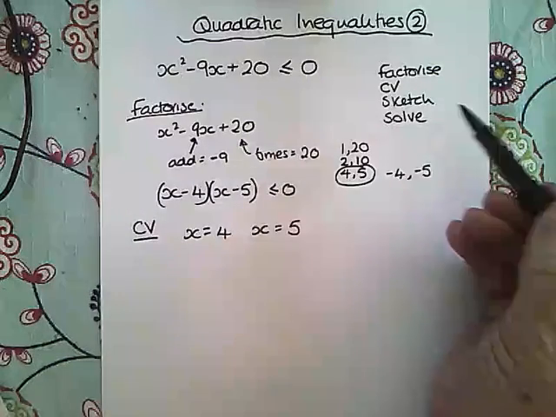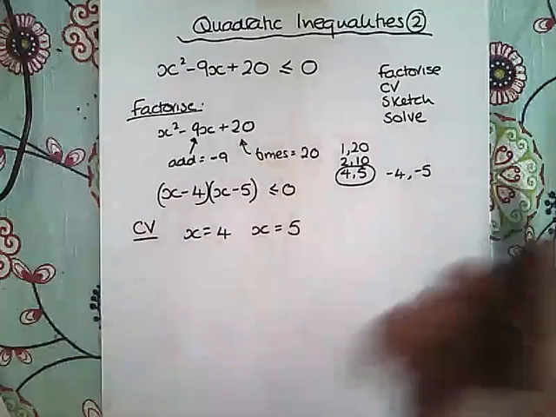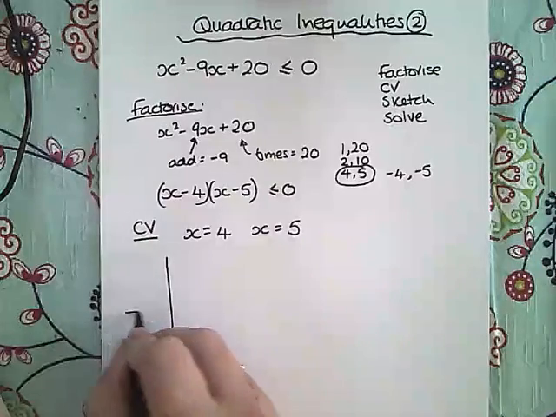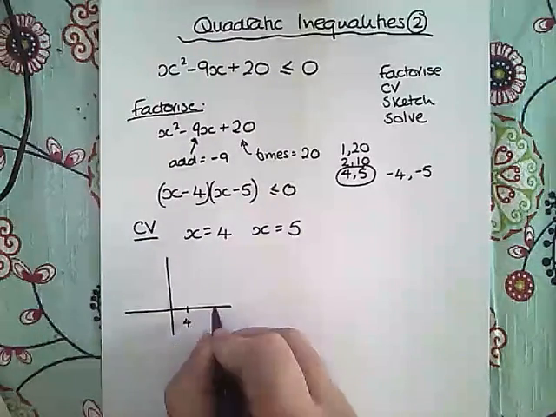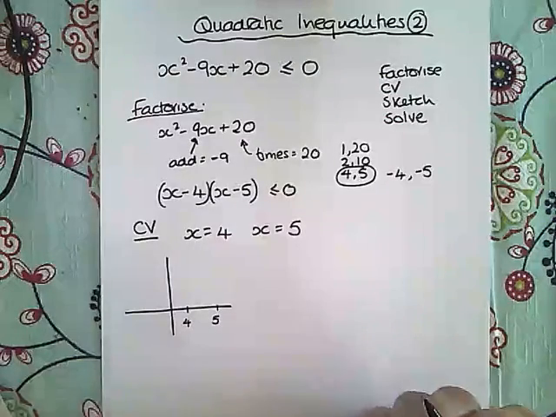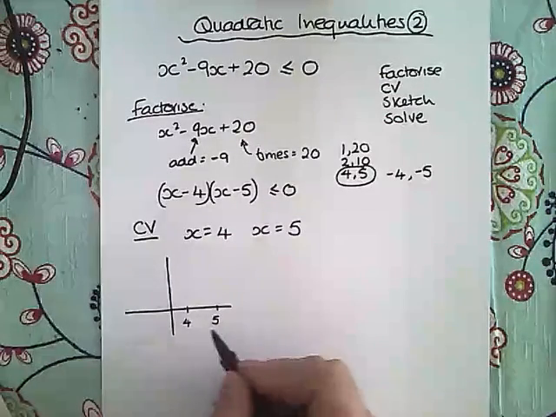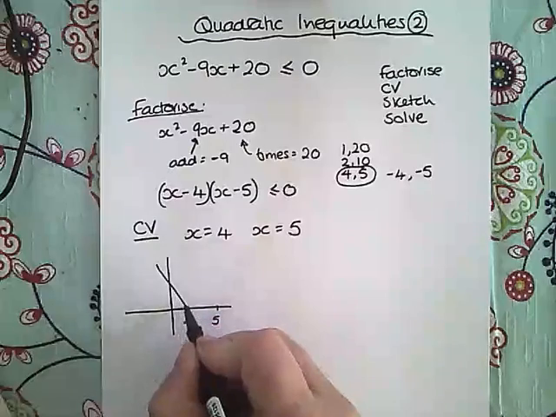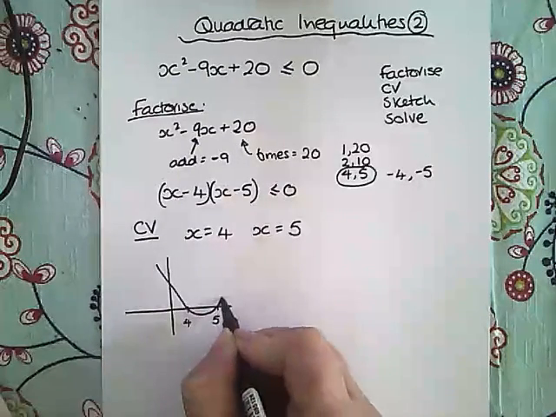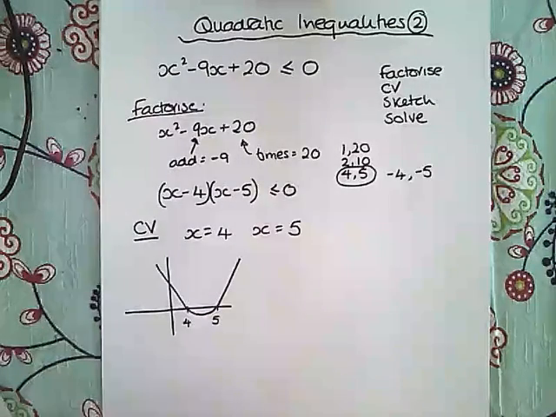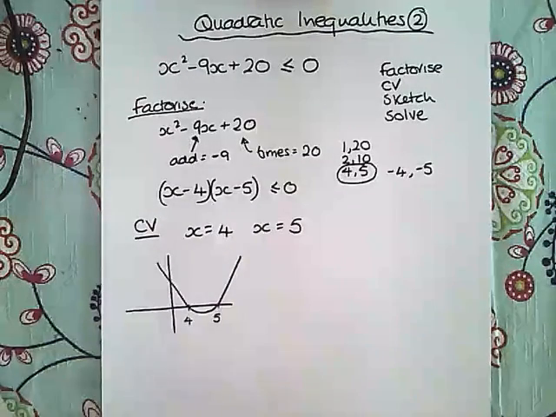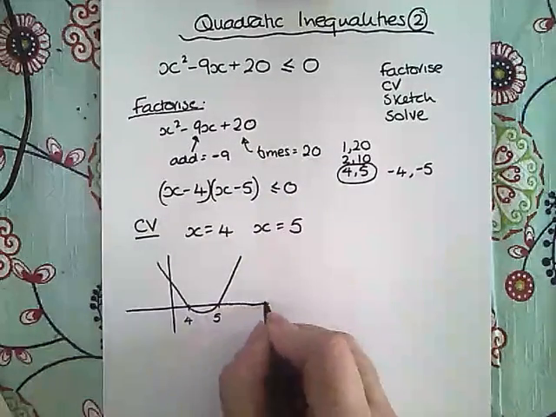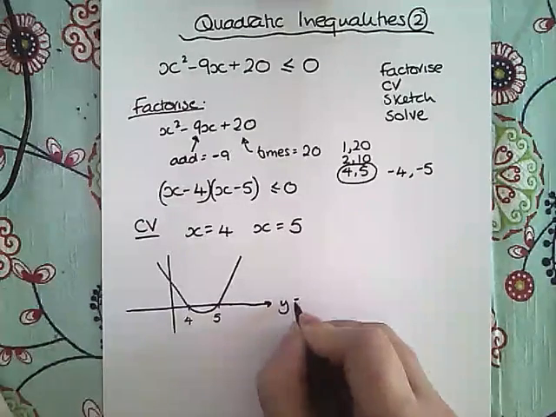Next on our list, we have to sketch the quadratic. Draw a set of axes, mark on the critical values, 4 and 5. Remember, it's just a sketch, so they don't have to be a proper scale, and draw in your U-shaped curve accordingly. Now we need to take our highlighter and identify, remember this is the 0 line, y equals 0.